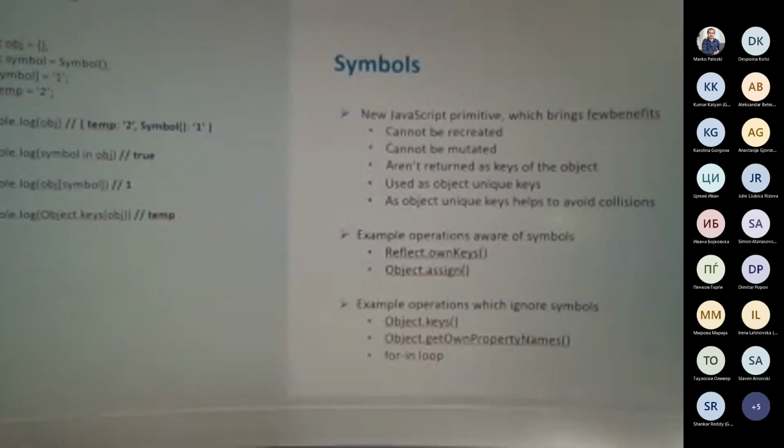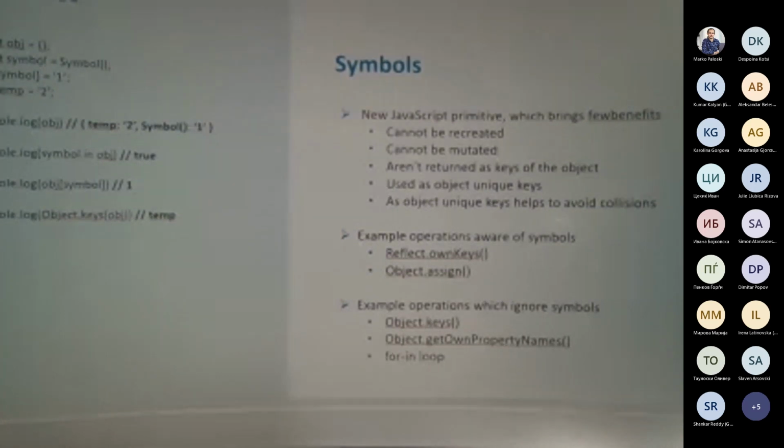Now in the next generation, in ECMA 6, we have the symbols. Symbols actually are the newest JavaScript primitive, which brings us lots of benefits, especially to the objects that we are using.